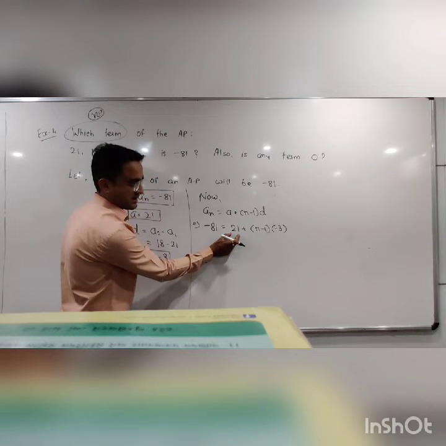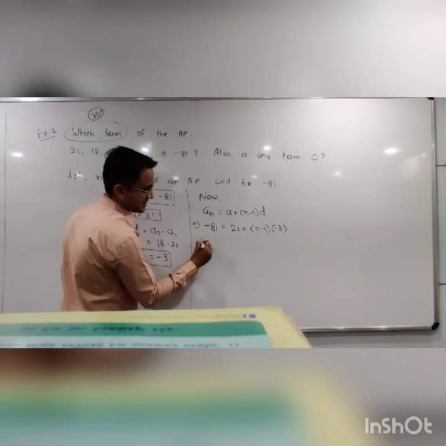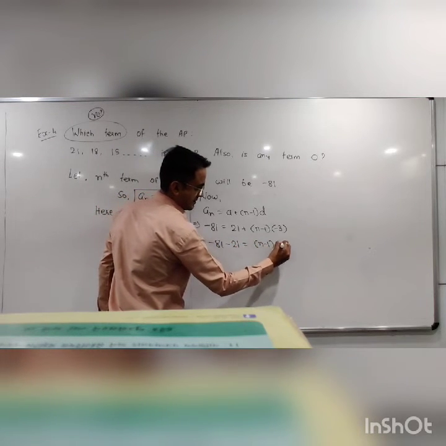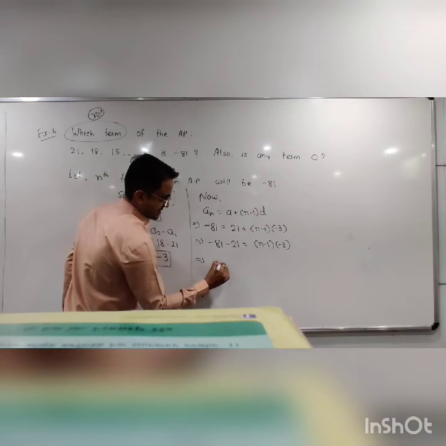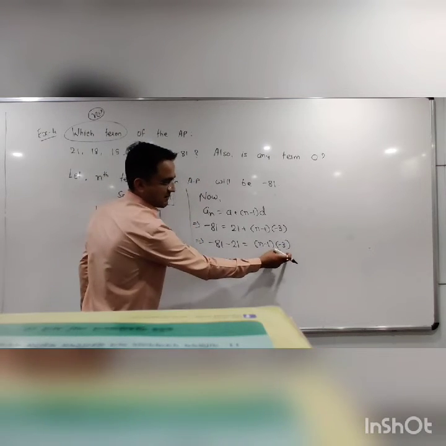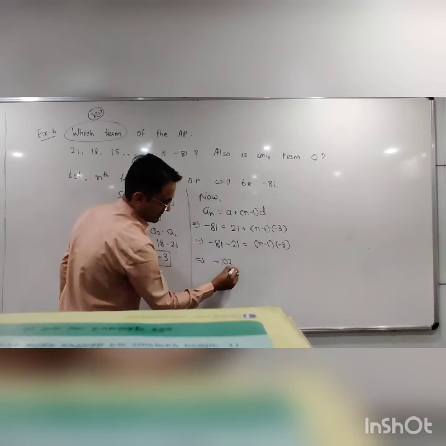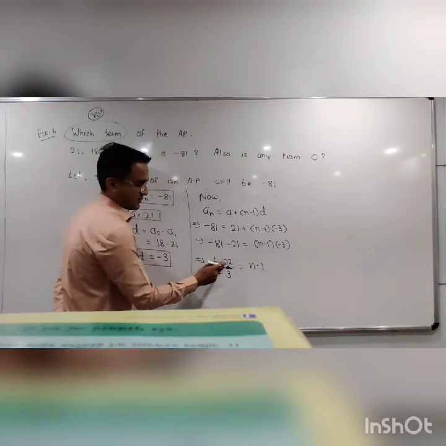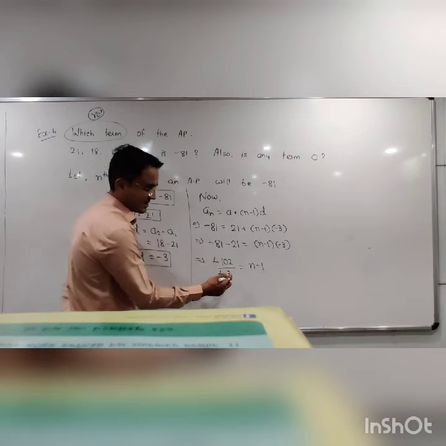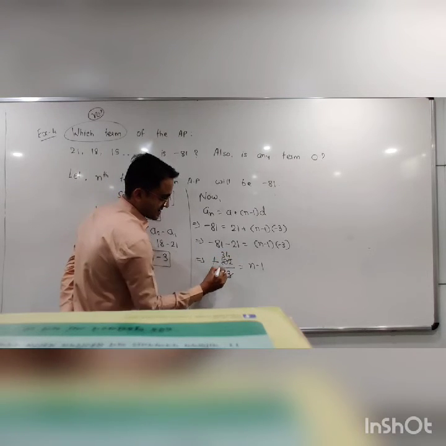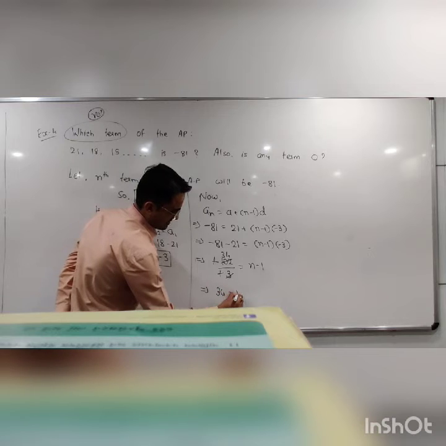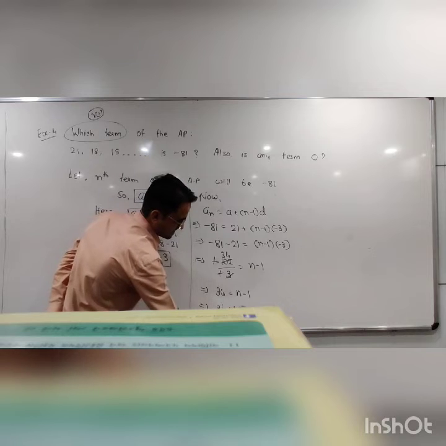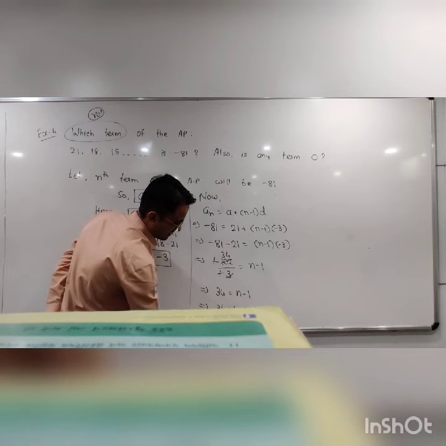Now here this one is plus, so first of all it will come this side, so it will become minus. Now minus minus plus. Here minus 3 multiply will come here, it will become divide. So what is remaining? n minus 1. Now 81 plus 21 is 102, so I can divide this by 3. 3 3s are 9, 3 4s are 12. So 34 is equal to n minus 1. This minus 1 will come this side. So n is equal to 35.